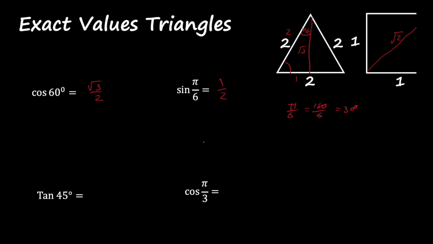What about tan 45? Well, tan is equal to opposite over adjacent. So 45 degrees is in here. That's just going to be 1 over 1. So tan 45 degrees is 1. What about cos pi over 3? So pi over 3 equals 180 over 3, which is equal to 60 degrees.